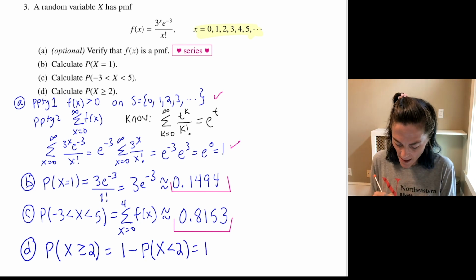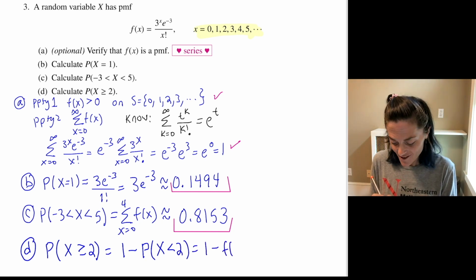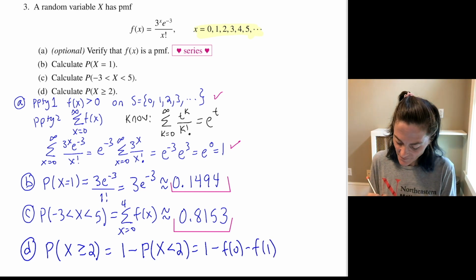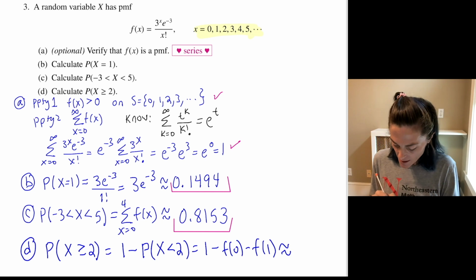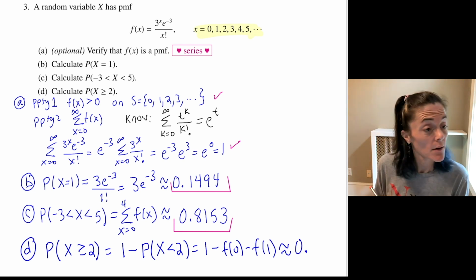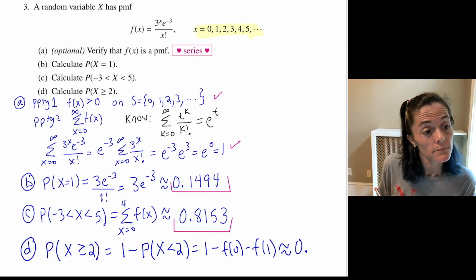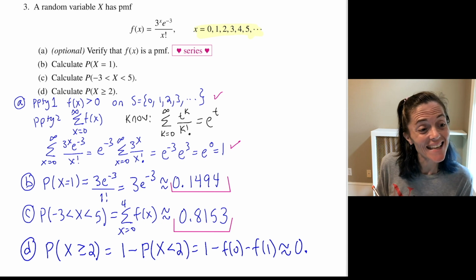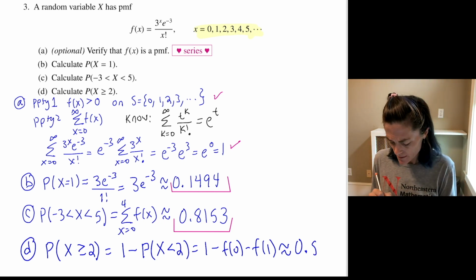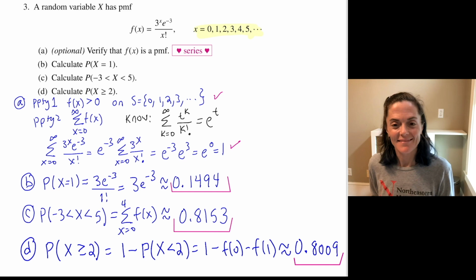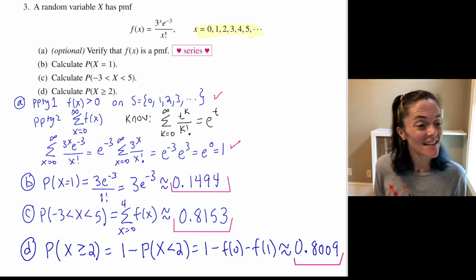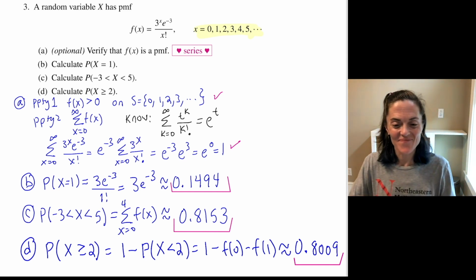So we would have 1 minus f of 0, and then also minus f of 1. We can use R if we would like. We have 0.8009. That is the end of this question.